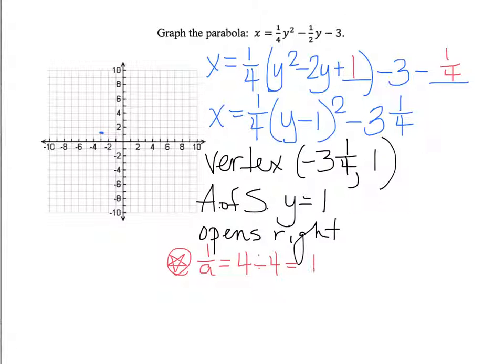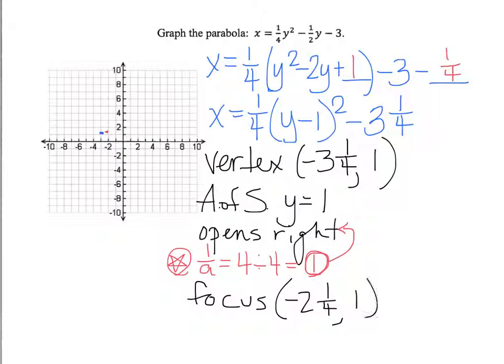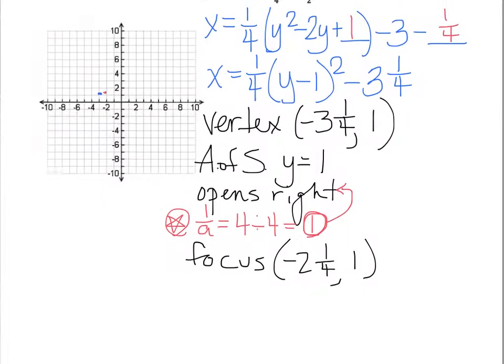That gives me 1. 1 unit to the right from the vertex, which will find the focus. 1 unit to the right gives me a focus. 1 unit from -3 1/4 is -2 1/4 at 1. Let's write that down. -2 1/4, 1. Move this up a little.